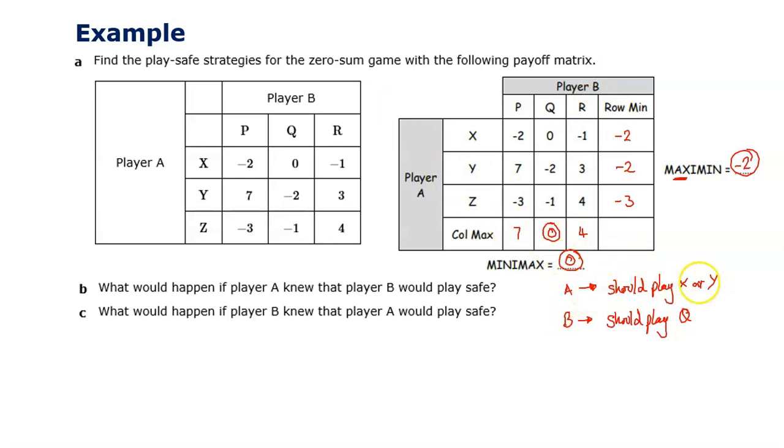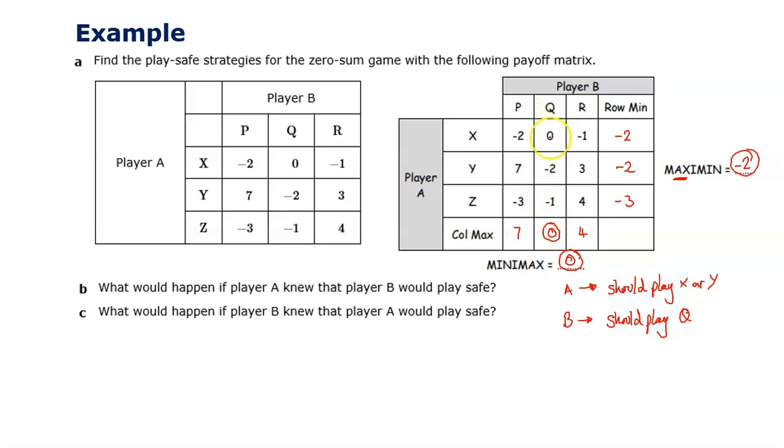A should play either X or Y, but B should play Q. Now it does say what would happen though if you knew player B was doing this. If you knew that player B was definitely going to play Q, that might change your mind if you had that advance information. So let's just look down at this.